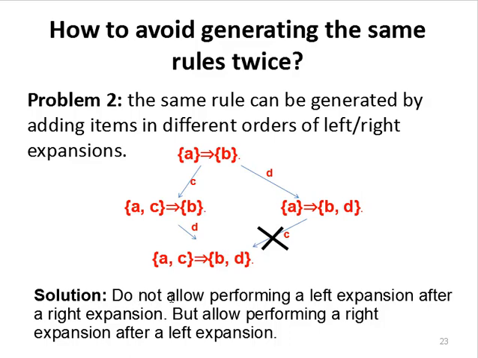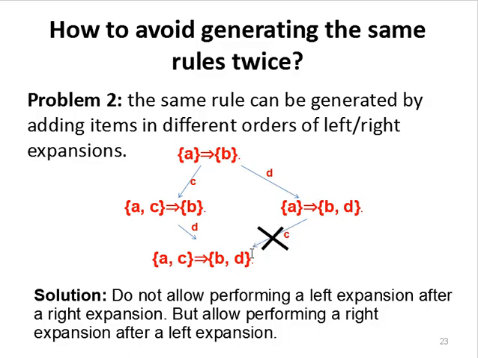So the solution: we do not perform a left expansion after a right expansion. So we can do the left expansion, but we do not allow a left expansion after a right expansion. So after a left, we can do right or left. But after a right, we cannot do a left.